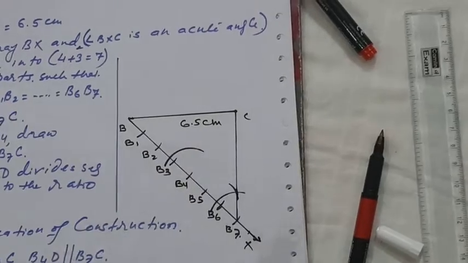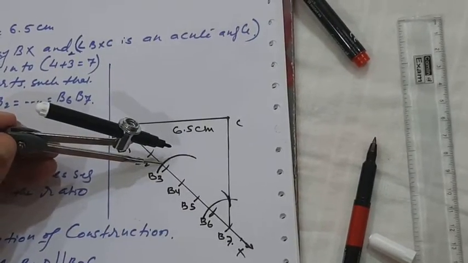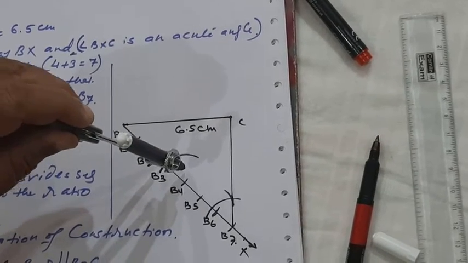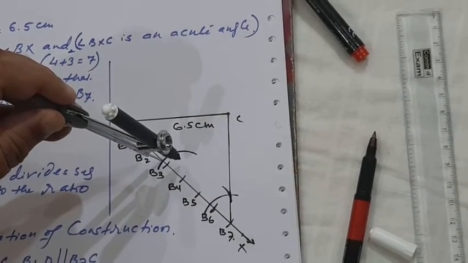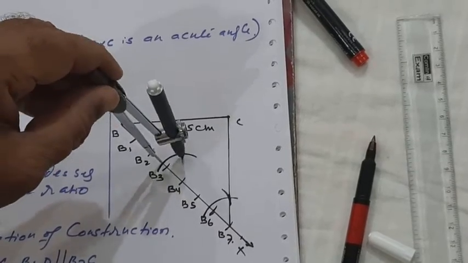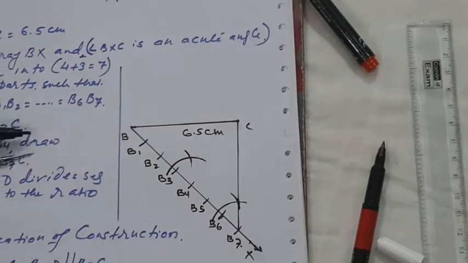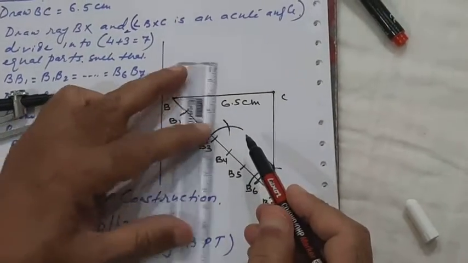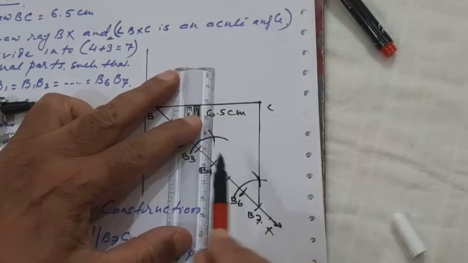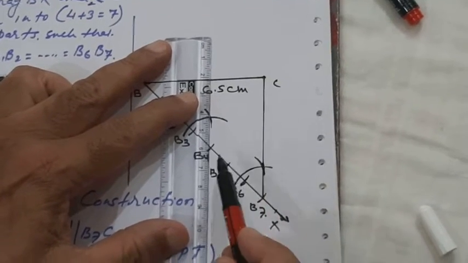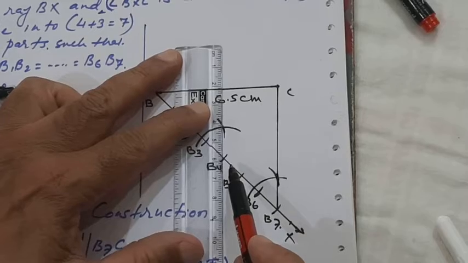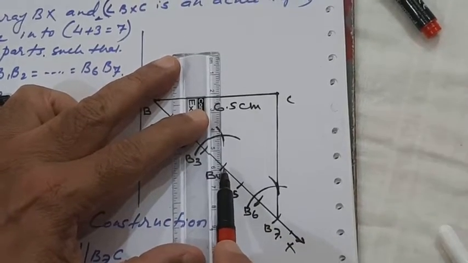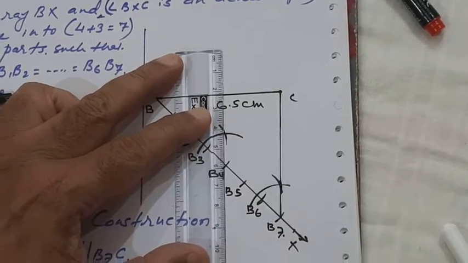Taking the point where this arc intersects the ray, same way we have to cut this arc. Now join this point with B4, the point of intersection of this arc. So keep your ruler such a way that you can draw a line correct.